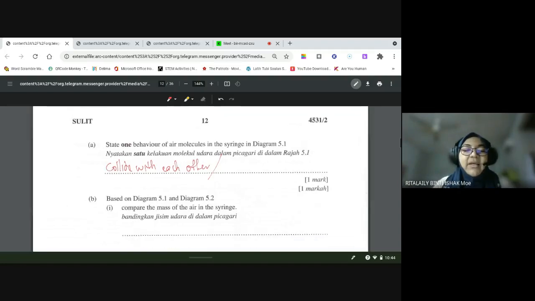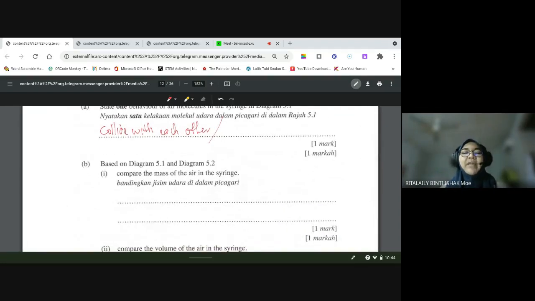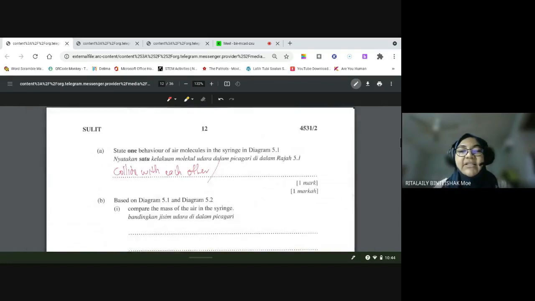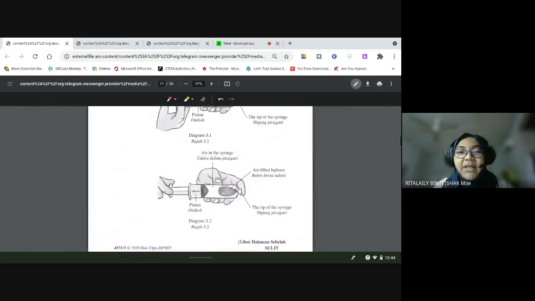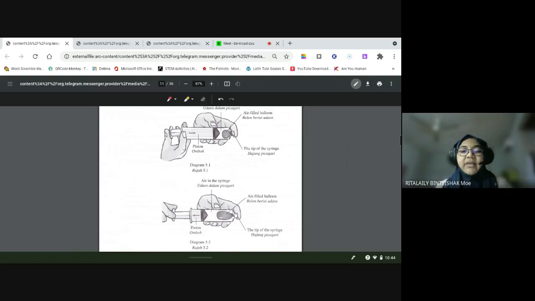Kemudian, compare the mass of air in the syringe. Tengok pada gambar rajah. What is your answer? Diagram 5.1 and 5.2. 5.2 bigger than 5.1. Mass of air 5.2 bigger than 5.1. Semua setuju?